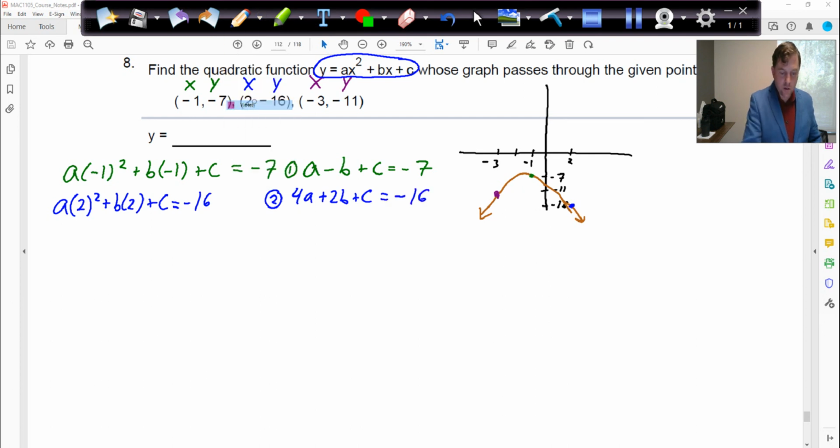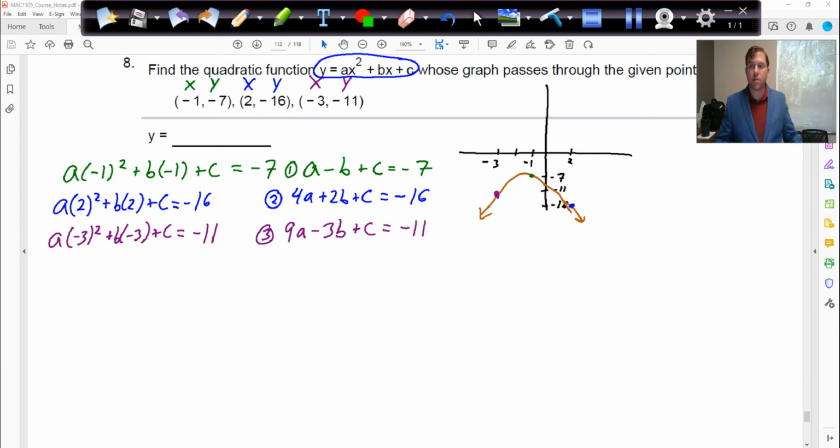The last one, replace x with negative 3, equals negative 11, the y term for the third point. And expanding this out, we'll get equation 3, which says 9a minus 3b plus c has to equal negative 11.